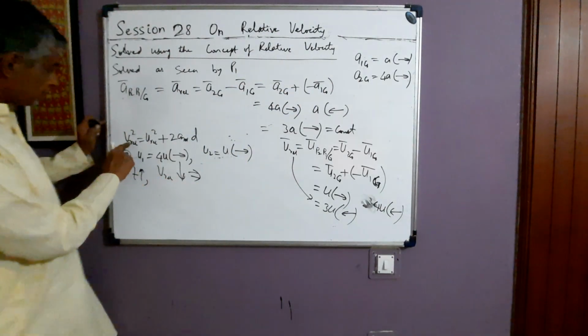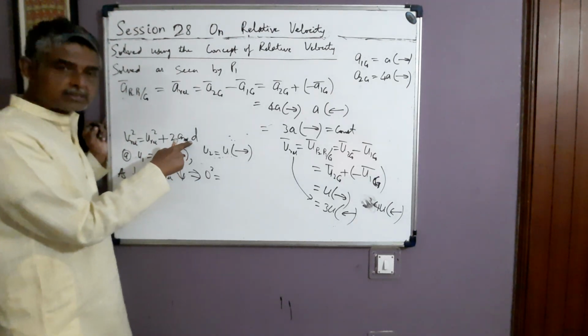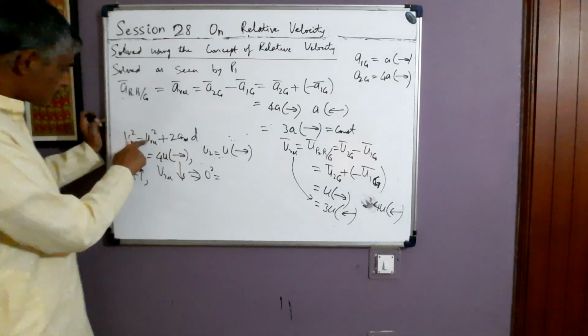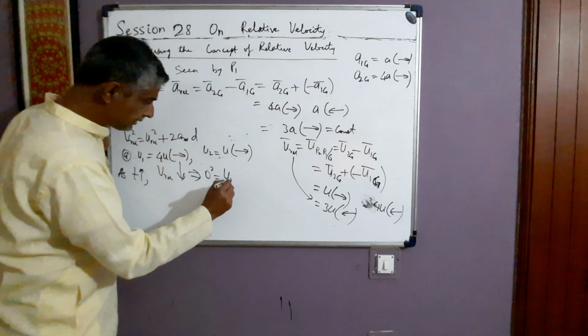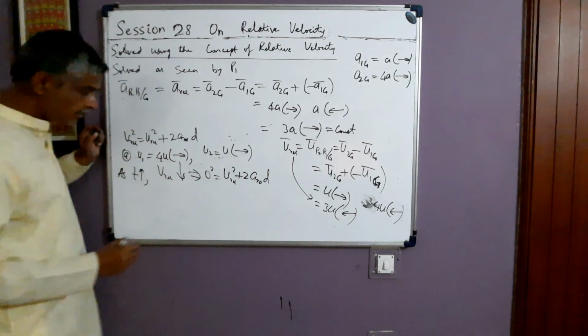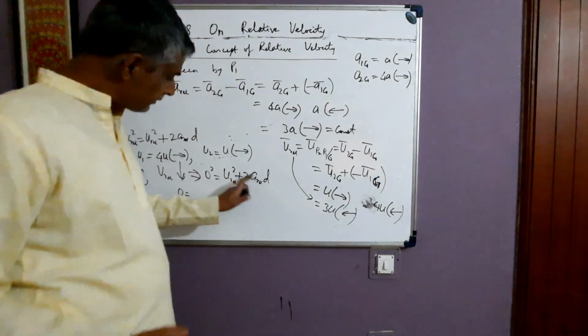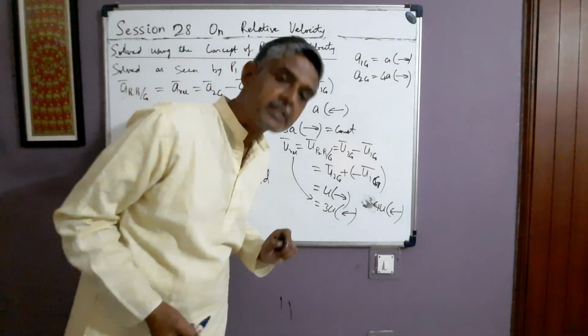So we say V relative equal to 0, and D is the relative displacement of P2 with respect to P1 till that instant. So V relative squared equals U relative squared plus 2 A relative into D. Now this is 0. We also know that U relative, A relative, D all have to be taken with proper sign.